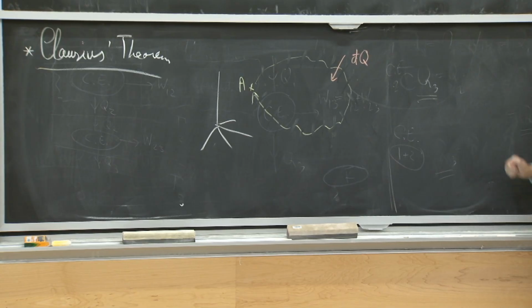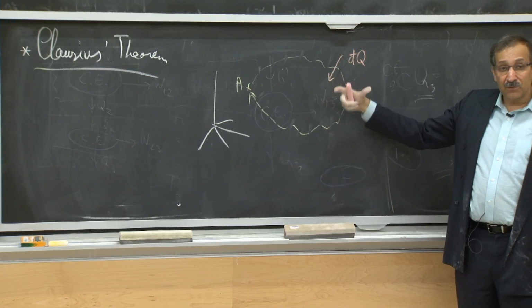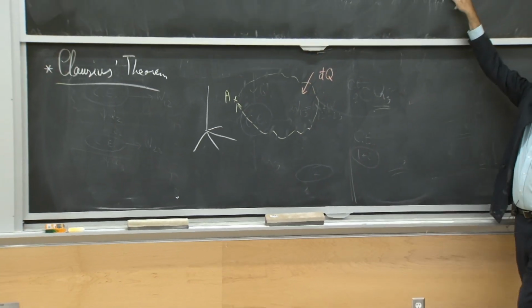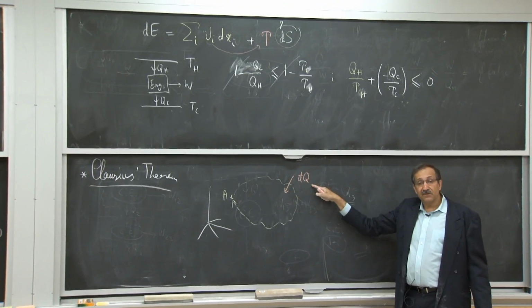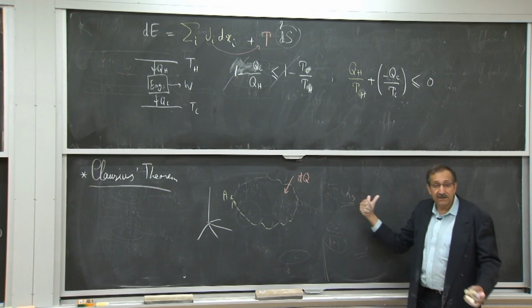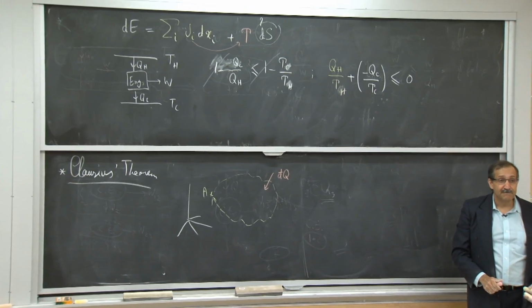Okay? And I'm going to look at it from the perspective of what goes into the system, just like in this engine. So sometimes maybe this dq is negative, meaning that the system is really releasing heat, just like this engine was releasing the heat.